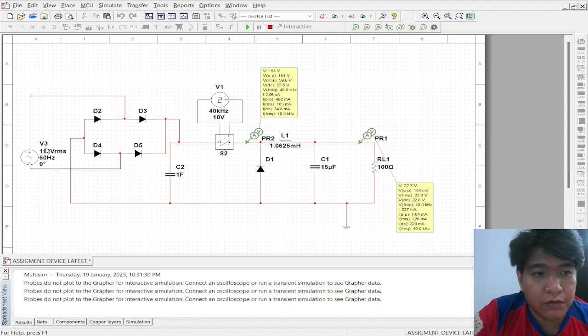Today I would like to explain about our simulation, which is this is our simulation. Our voltage supply is from AC and then our output becomes a DC voltage, which we get using the rectifier from the circuit.